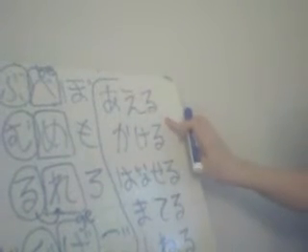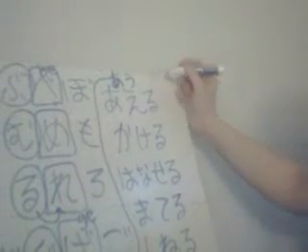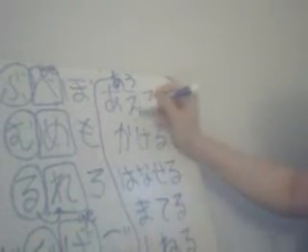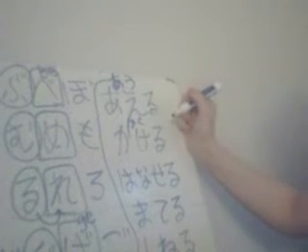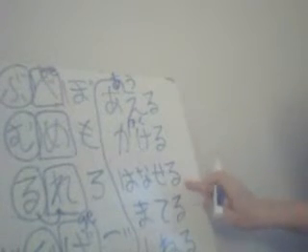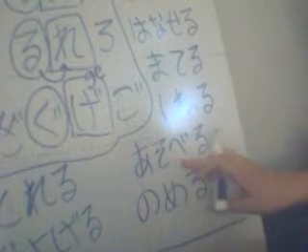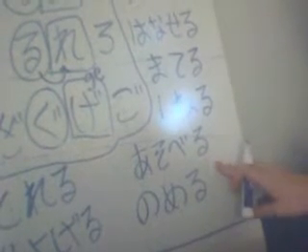Here are some examples that I just went over. Aeru, to meet up. It used to be au. Kakeru, it used to be kaku. Can write, can speak, can wait, materu. Can die, shineru. Asoberu, can play.